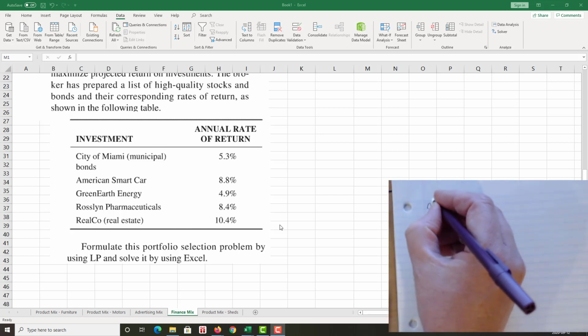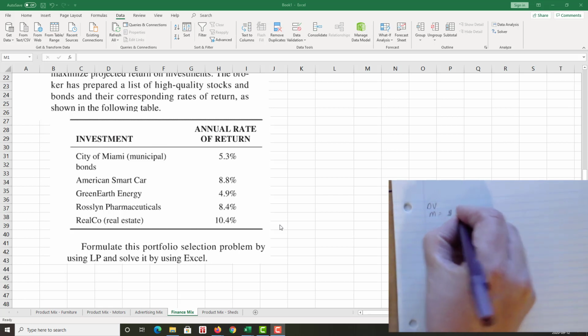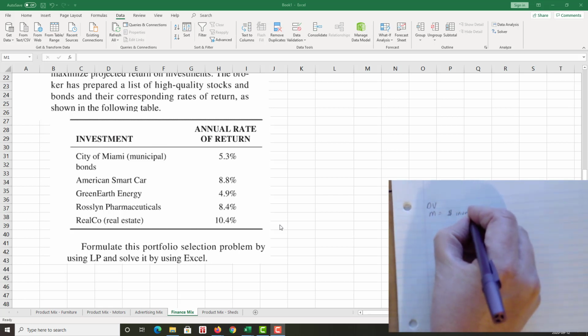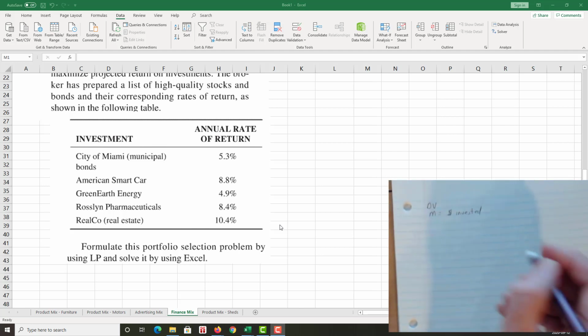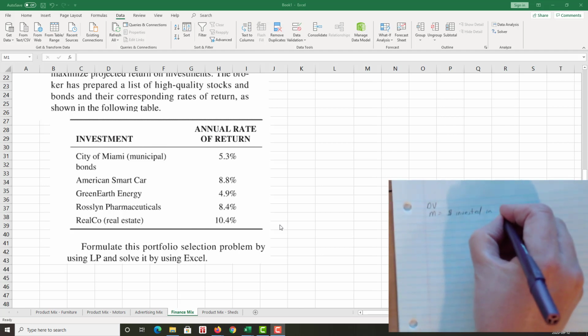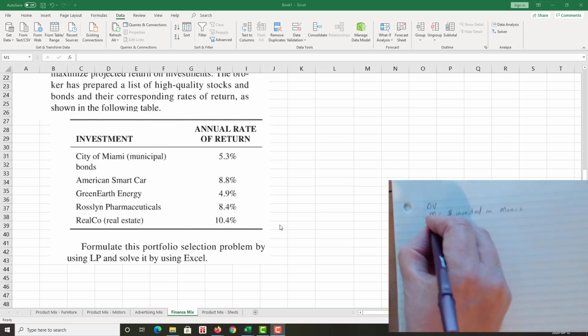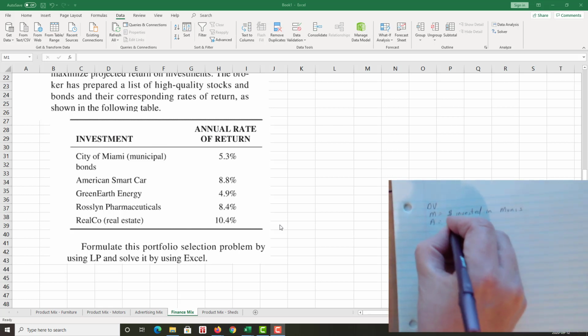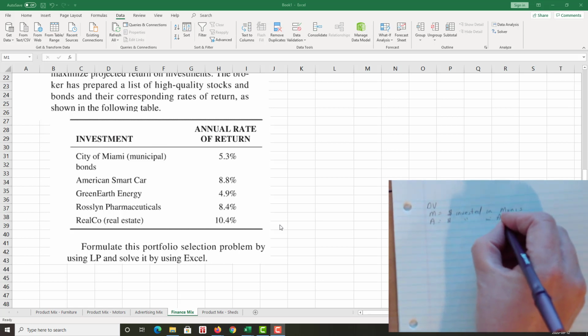Okay, so we have a decision variable, and let's make M equal to the dollars, I abbreviated a little bit just because I only have so much space, dollars invested in munis or municipals. Let A equal dollars invested in American Smart Car.